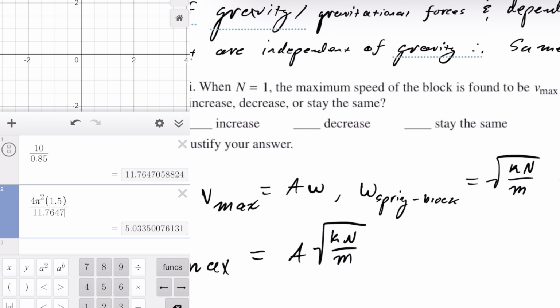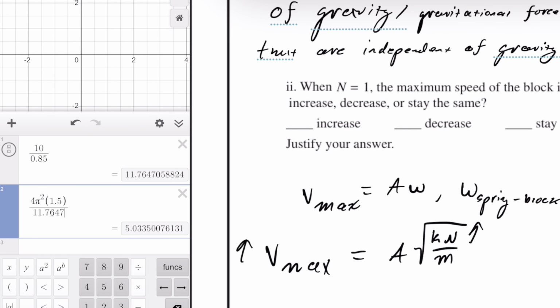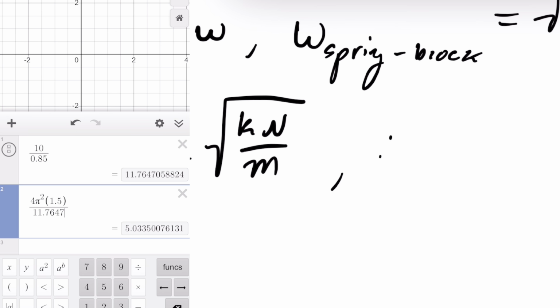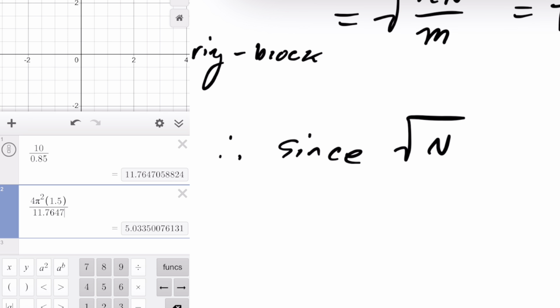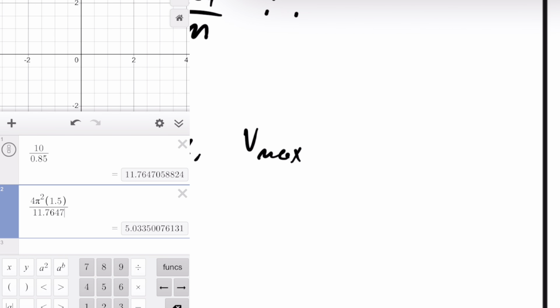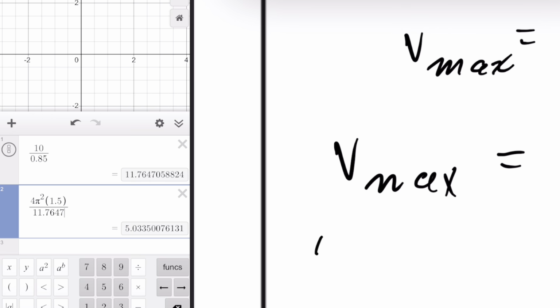So if n is increasing, Vmax must increase. So we'll say increase. Therefore, since the square root of n is proportional to Vmax, Vmax will increase if n increases.